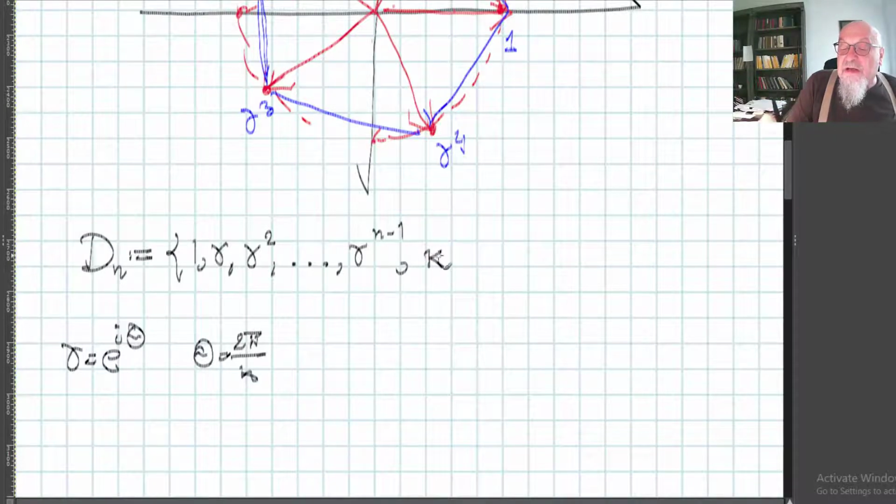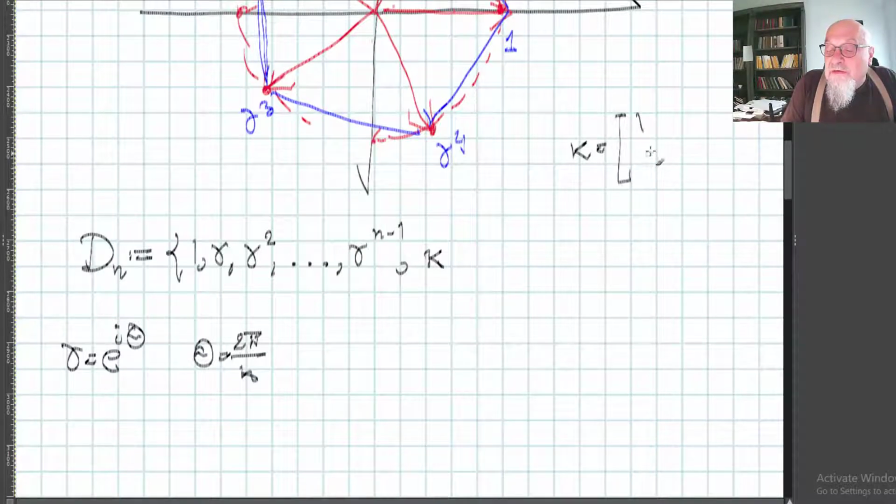The first reflection, kappa, is simply the reflection given by an orthogonal matrix. So you can see that kappa as an operator acting on the complex numbers gives you the conjugation.